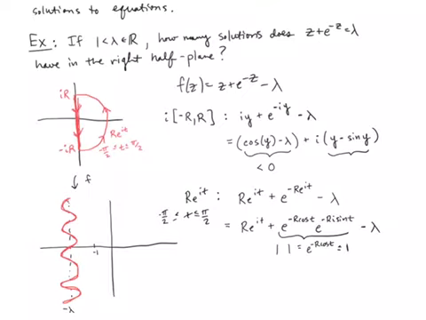So assume that r is large enough that the norm of r e to the i t is bigger than the norm of that other stuff, e to the minus r e to the i t minus lambda.